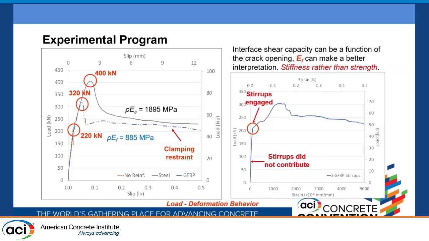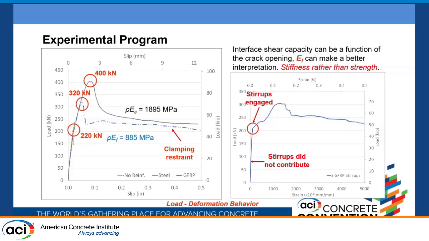Okay. Yeah, exactly. It was almost similar to the question of Professor Myers. In this case, these results are just for monolithically cast specimens, so they do not consider the cold joint condition.